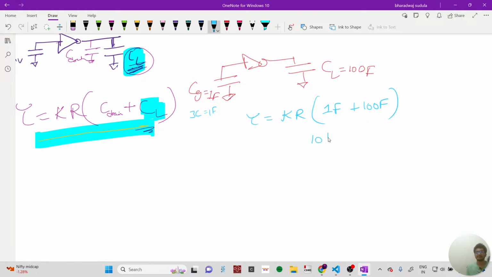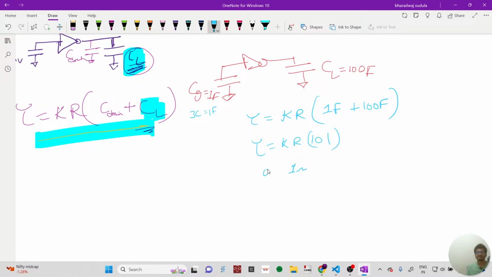So I'll get 101 KR delay. Let's say R is 1 ohm, to keep it simple.